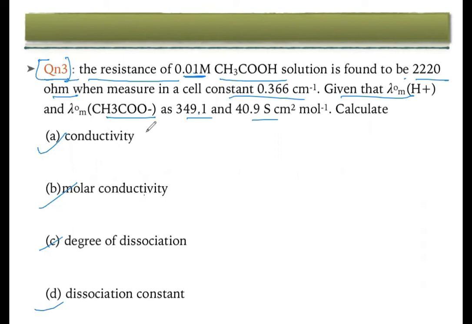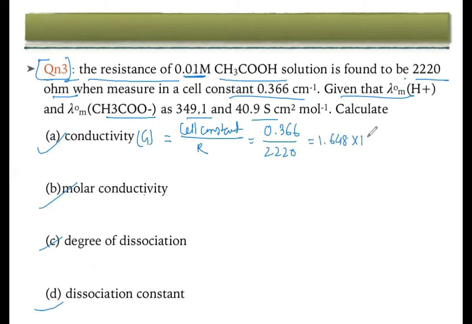So conductivity G can be expressed as cell constant divided by resistance. The cell constant value is 0.366 divided by the resistance, which is given as 2220. If we solve this, we get 1.648 into 10 to the power minus 4.